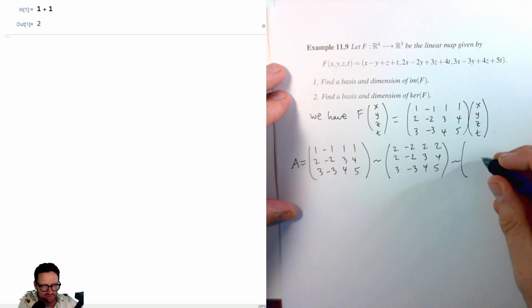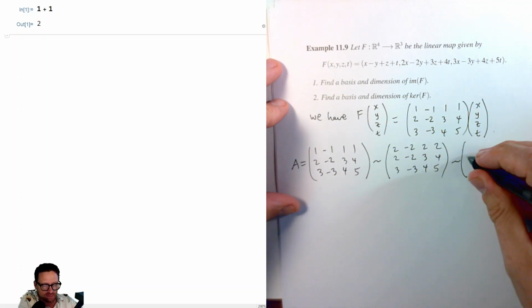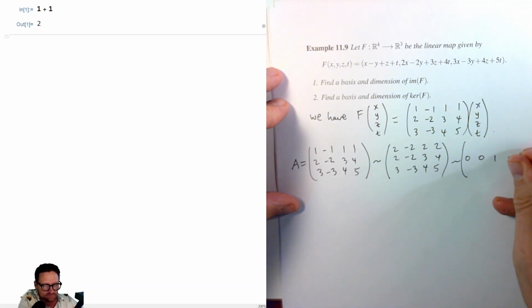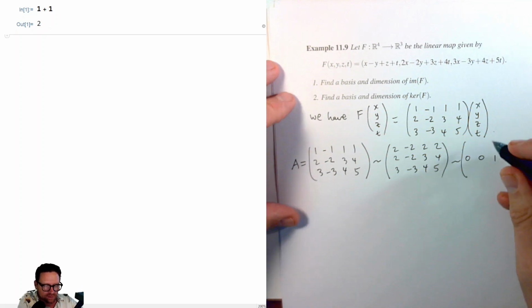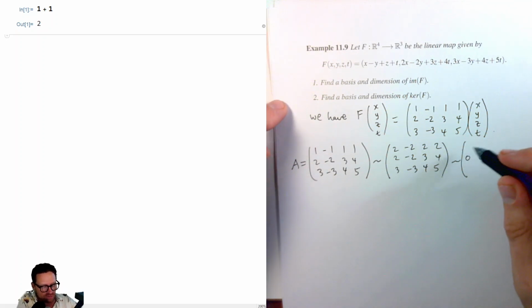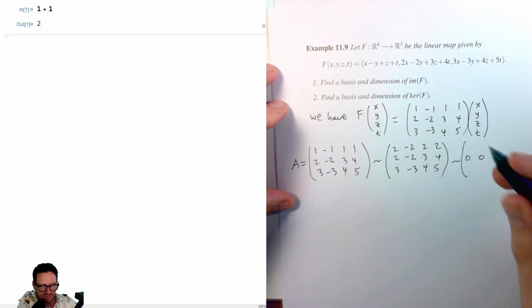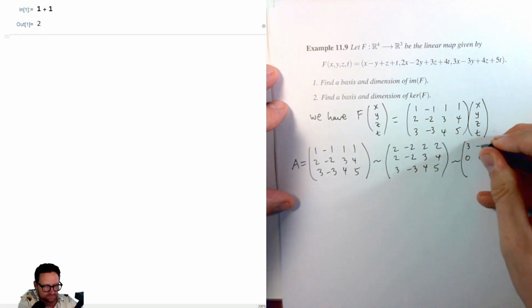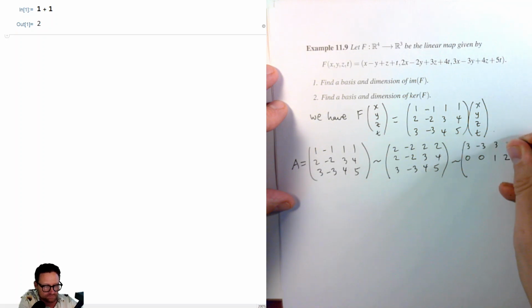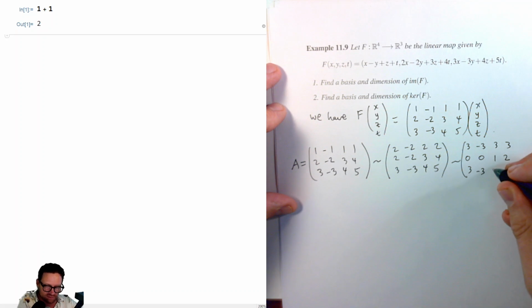Now we replace row 2 with row 2 minus row 1. And now we multiply row 1 by 3 over 2, in preparation for taking a difference between that and row 3.